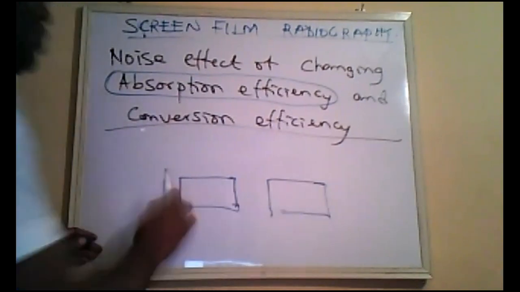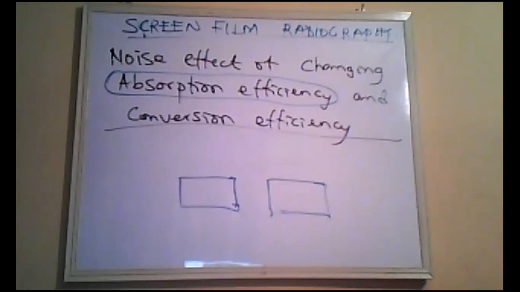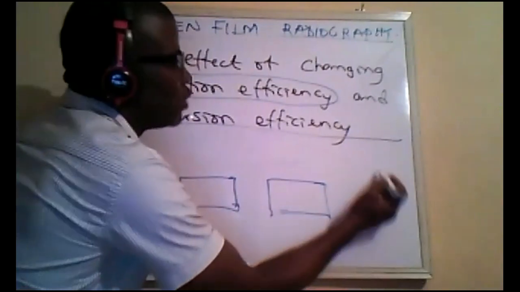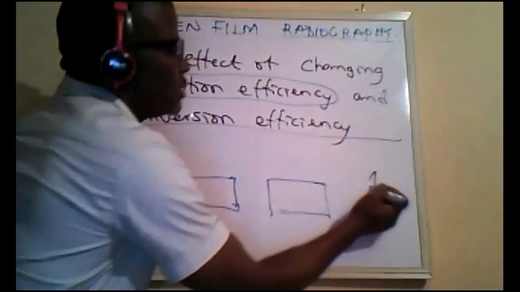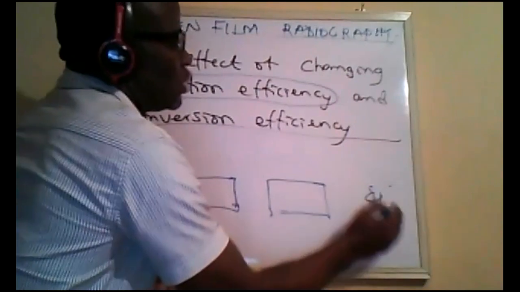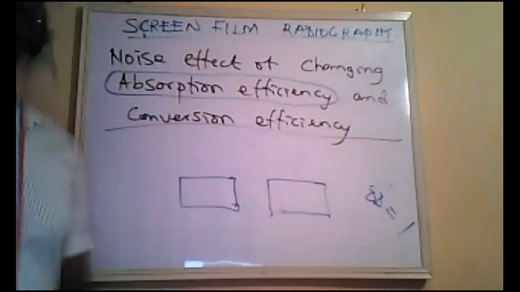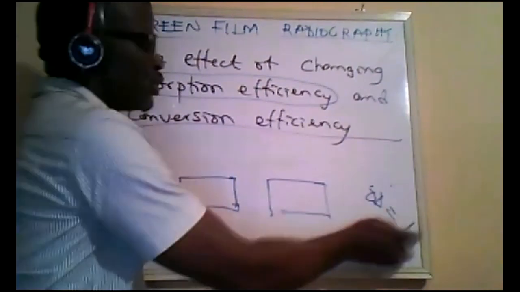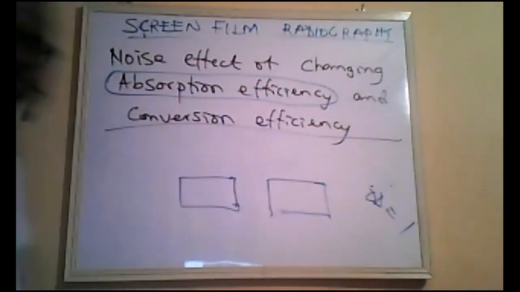We have two screens that have a different conversion efficiency. This one, assuming we want to obtain an OD of 1. OD equal to 1. That is optical density equal to 1. That is our aim of the radiograph. The system already knows that it is looking for an OD equal to 1.